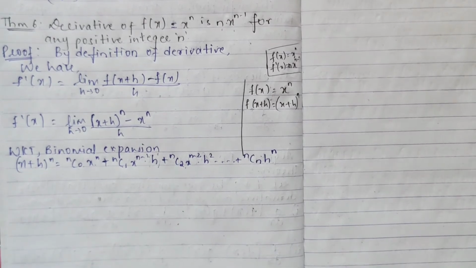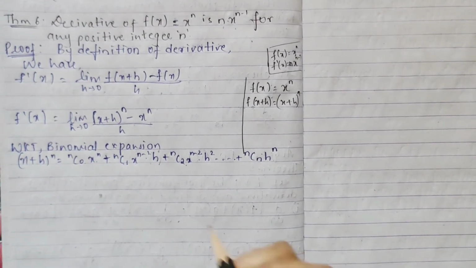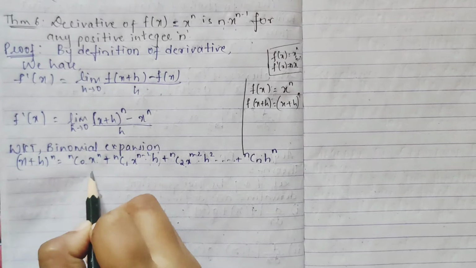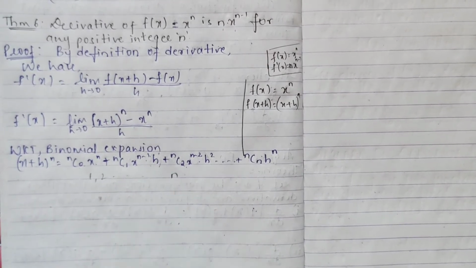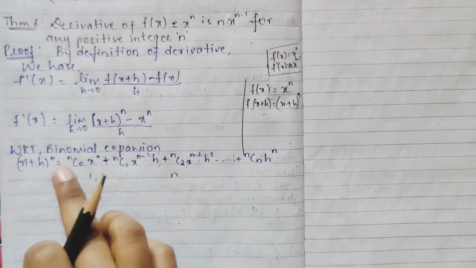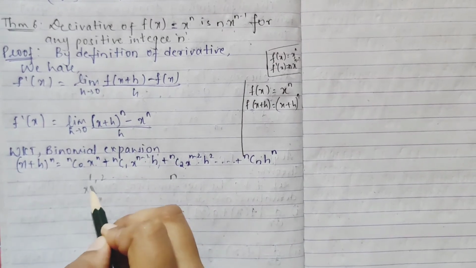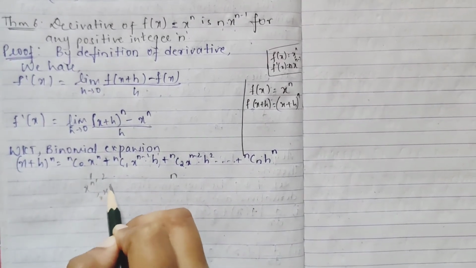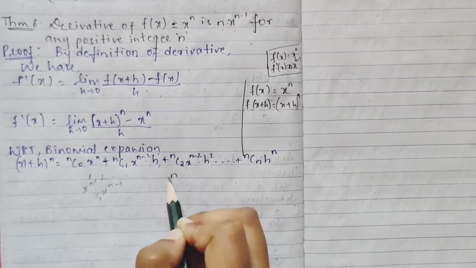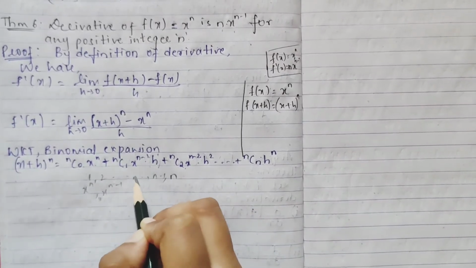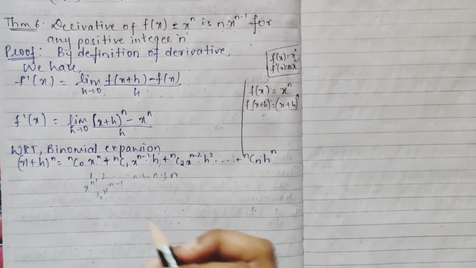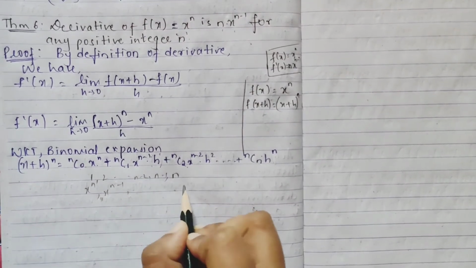I hope you are getting it. In this, your coefficient part goes 1, 2, so on up to n, right? On the right-hand side your x is going in reverse, like x raised to n, x raised to n minus 1, before this n minus 1, n minus 2, so on up to 1. So x goes like this, up to x raised to 0.